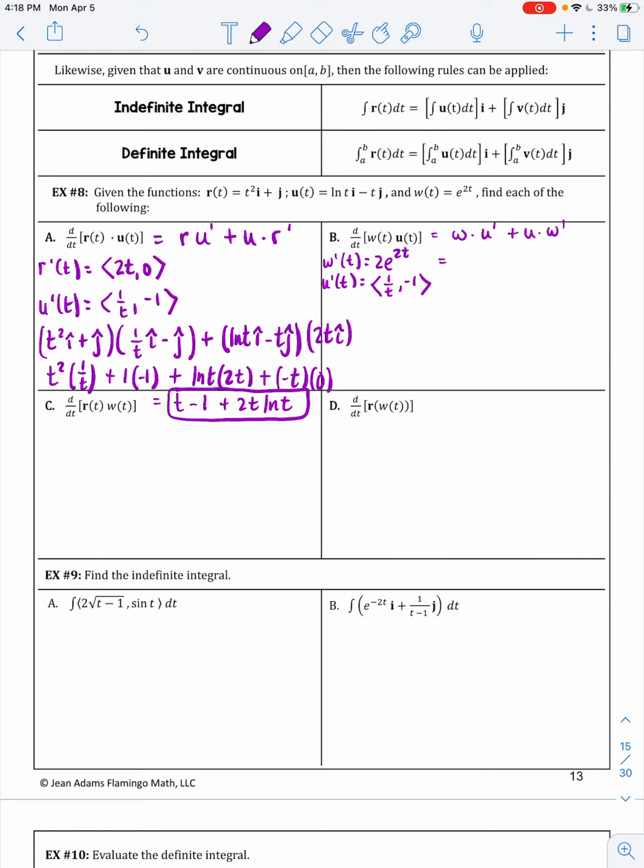And so now putting these two things into our formula here, we have our e to the 2t times our 1 over t comma negative 1 plus, and then we've got our w prime, I'm going to put first, 2e to the 2t times our ln t comma negative t for our u.